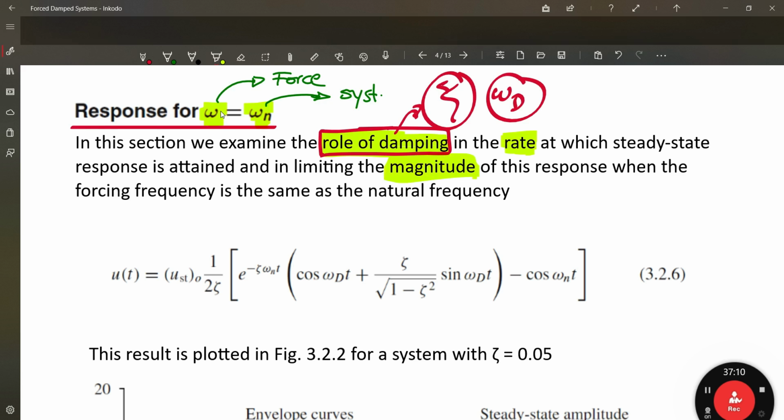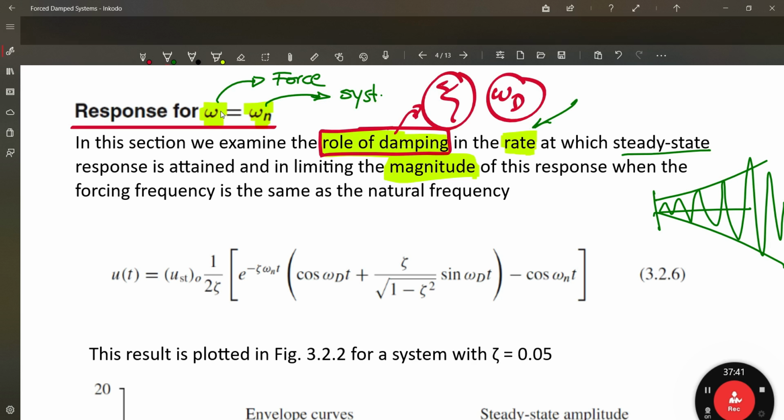So this means that damping in any system is going to be very effective and very important in terms of what? Yes, two things here. The rate at which the steady state is attained and at the same time limiting the magnitude. Do you remember last time I was talking about the magnitude and the amplification of the response of the undamped system, and we said that it is going to be magnified to the point where there is no control over it, right?